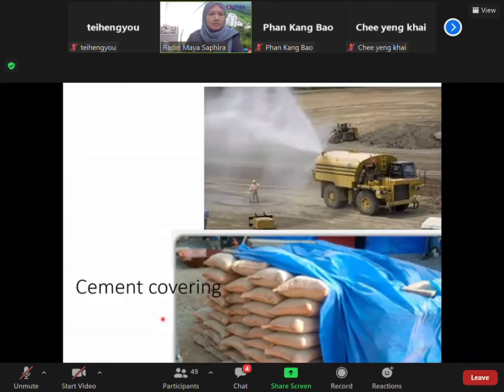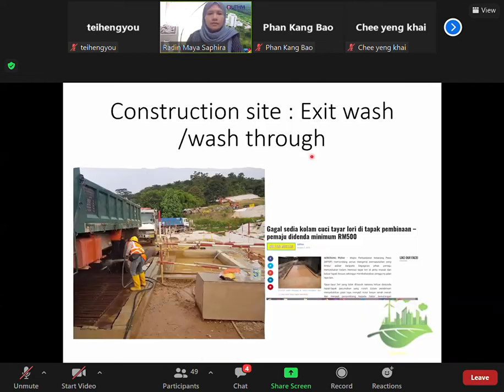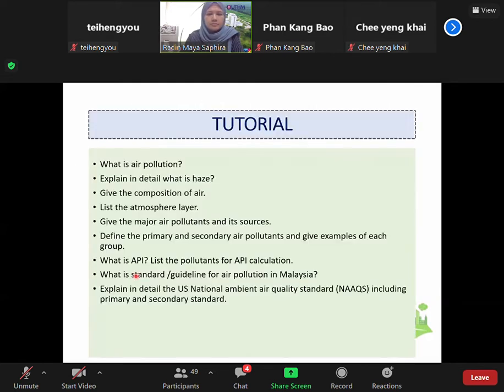Okay, examples ada cement covering like this, cement covering supaya dust tak fly over, or we need to do lots of this watering or washing. Okay, at the exit kena ada ni lah, bersihkan, cleaning the tyres of the truck that carry, what we call that, sometimes sand, soil dan sebagainya for your construction materials.